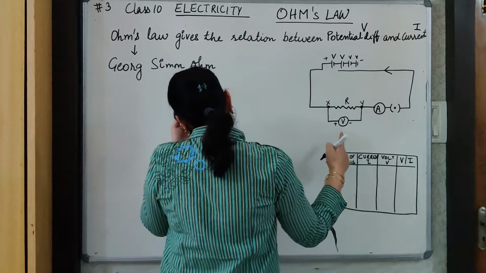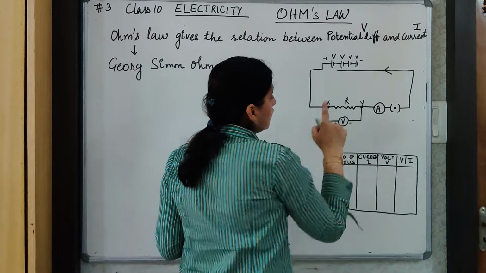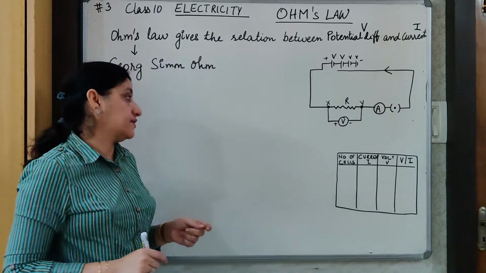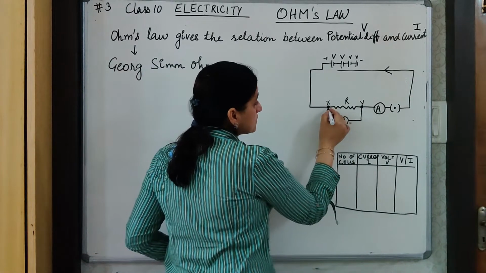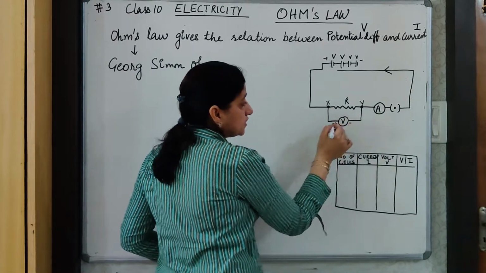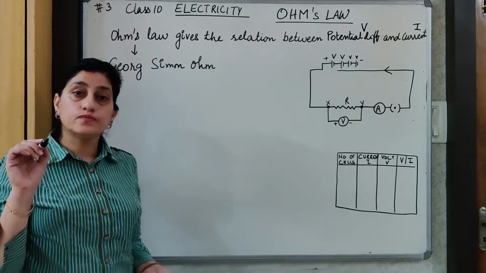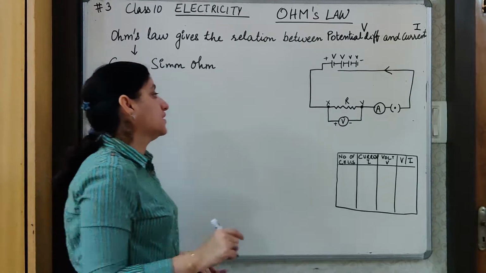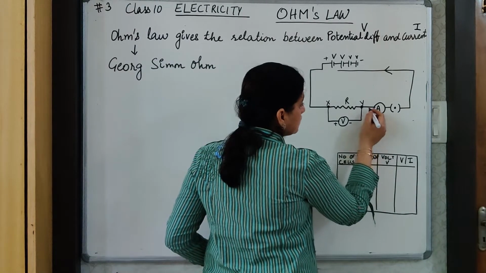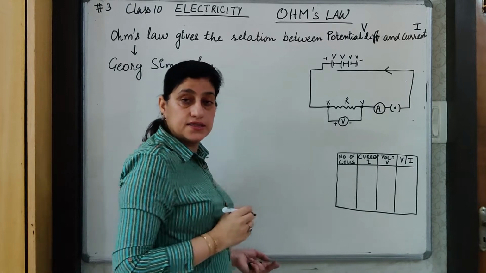So here we take a wire XY of resistance R, and to this resistance we connect a voltmeter which will measure the potential difference, and we connect an ammeter over here in series.